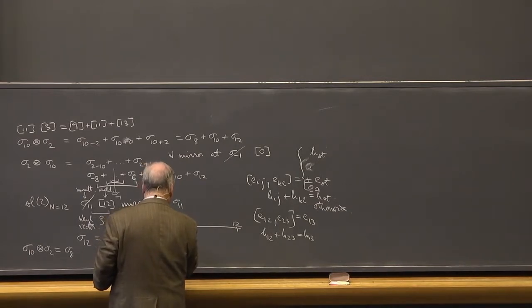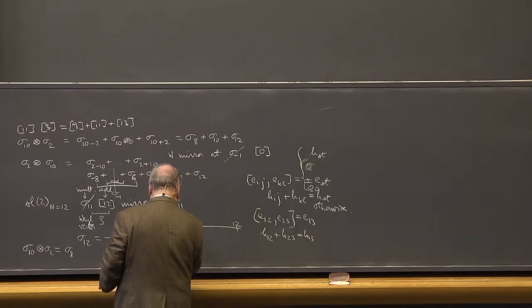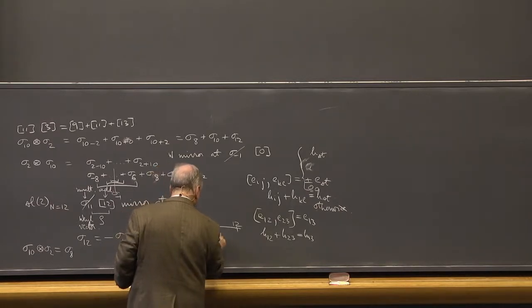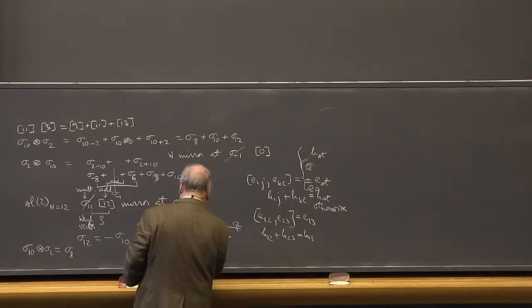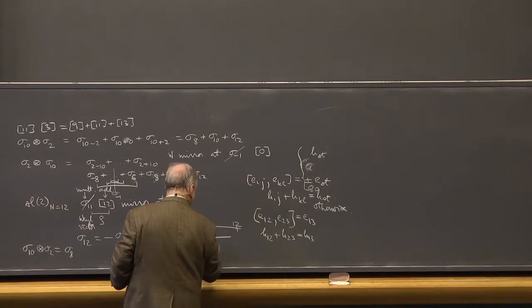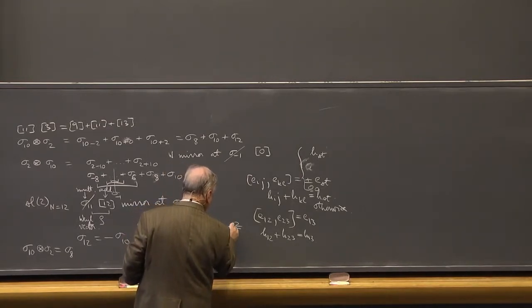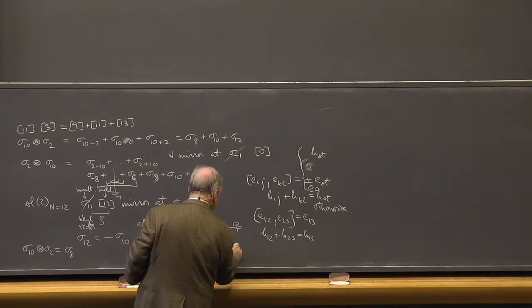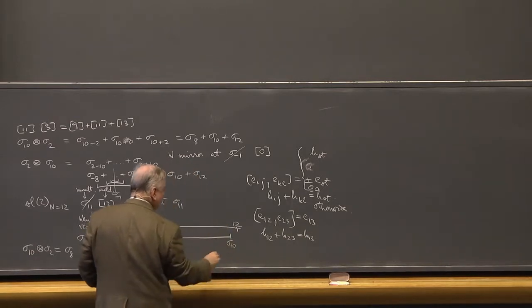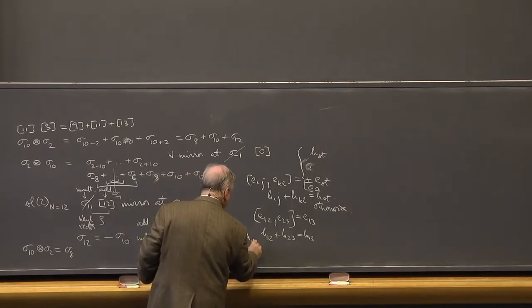The sigmas multiplicative, this is sigma 0, and this one would be sigma 10. So this graph is A11 in this case.